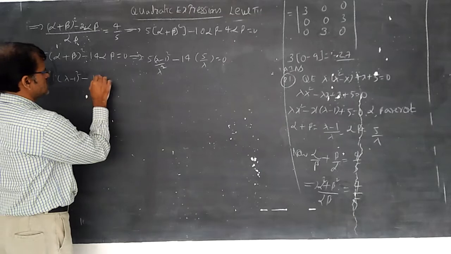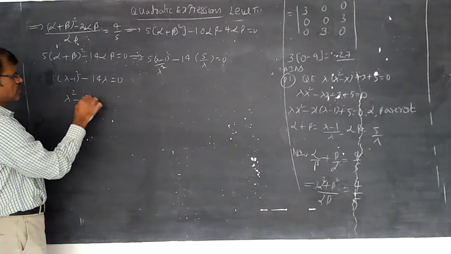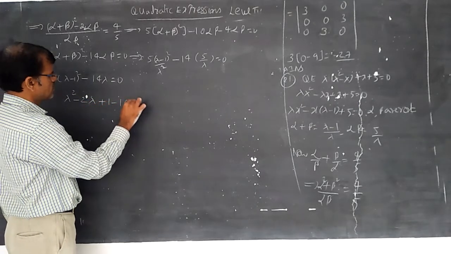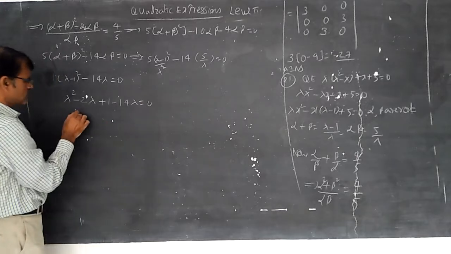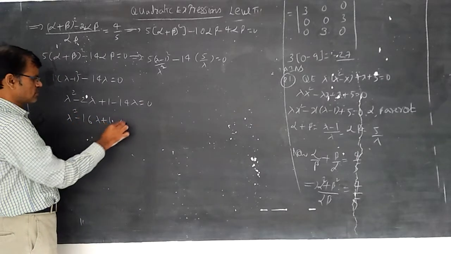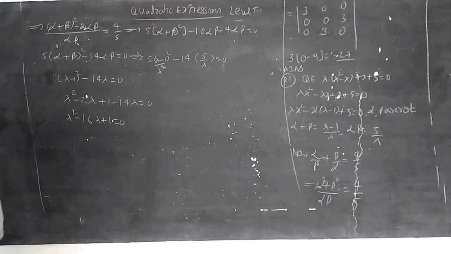So lambda square minus 2 lambda plus 1 minus 14 lambda equal to 0. So lambda square minus 16 lambda plus 1 equal to 0. We got the quadratic equation in lambda terms.